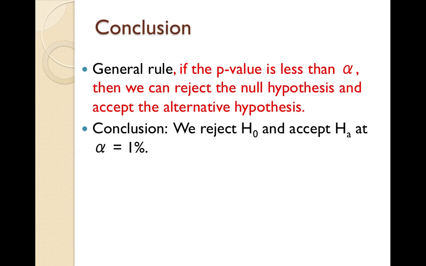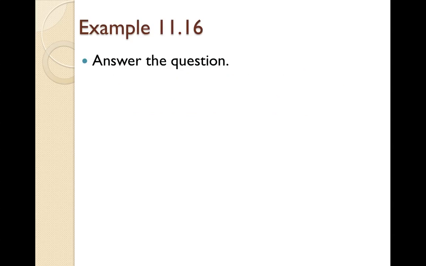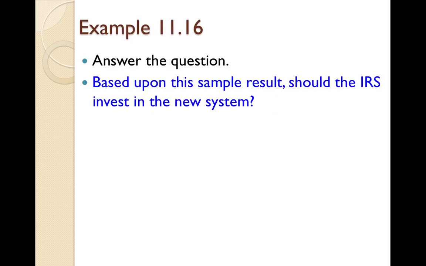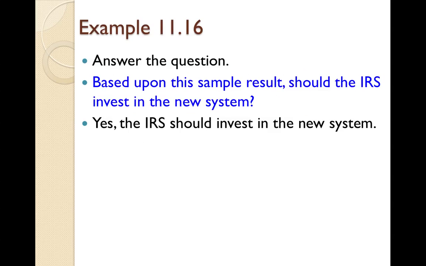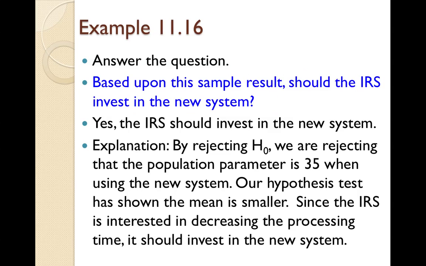So in this case, we reject H0 and accept HA at alpha equal 1%, just like the last example. And the question, based on the sample results, should the IRS invest in the new system? And you should say yes, the IRS should invest in the new system. So that alone is sufficient.